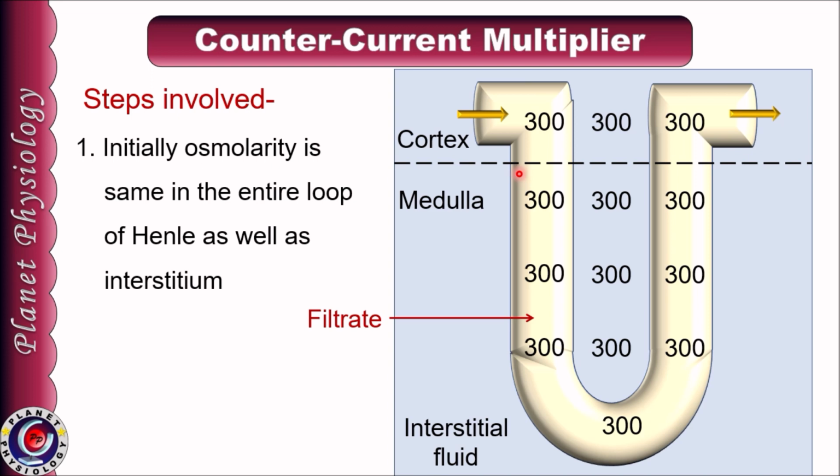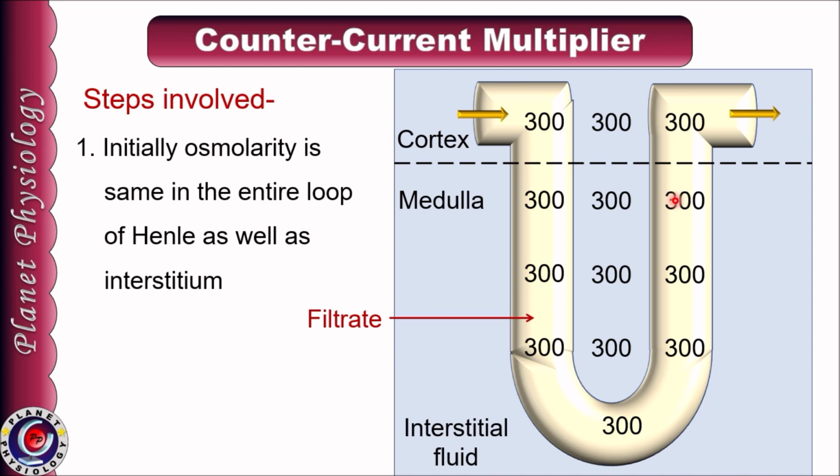So in the beginning, osmolarity of the filtrate is the same, that is 300 milliosmoles per liter, in the entire loop of Henle as well as medullary interstitium as shown in this diagram. Blue color background represents medullary interstitium and U-shaped structure is loop of Henle. The numbers represent osmolarity in the interstitium and filtrate in the respective compartments.